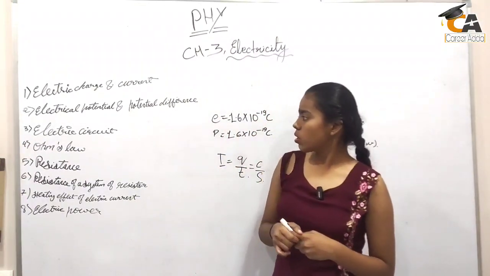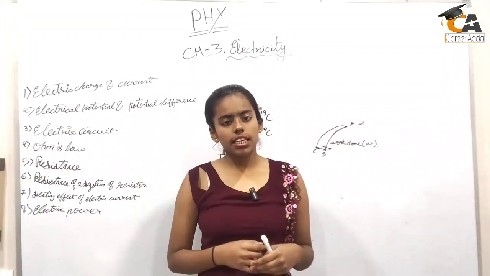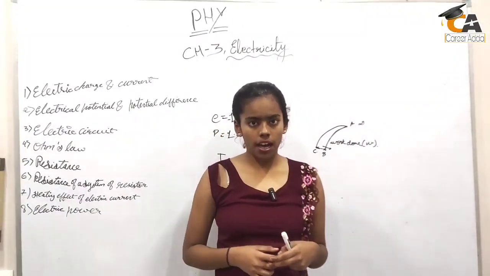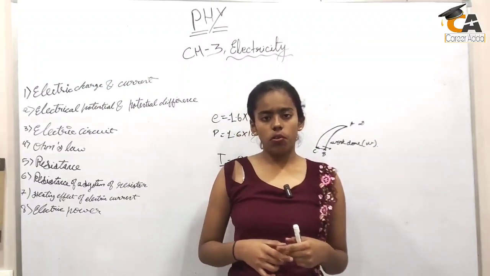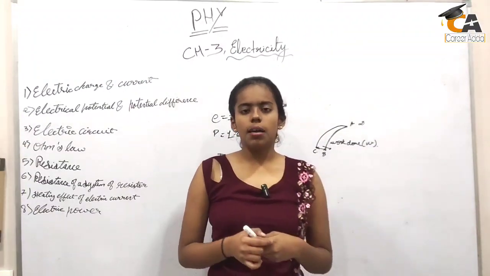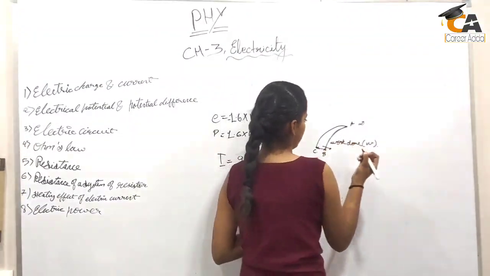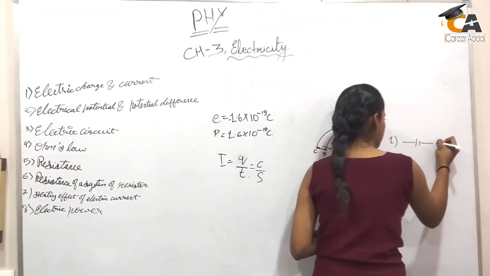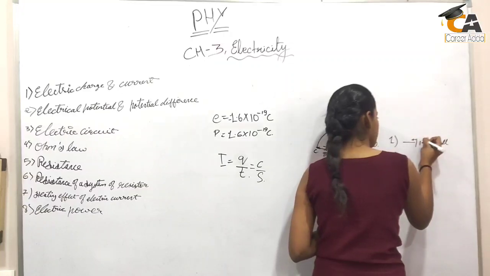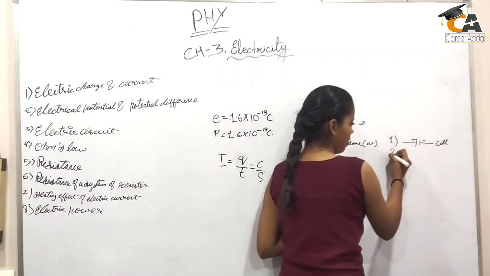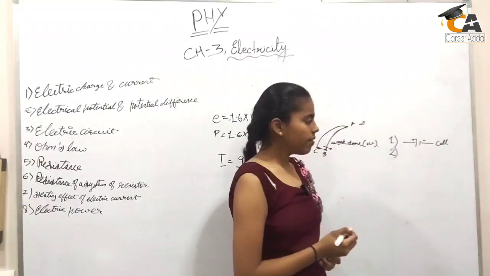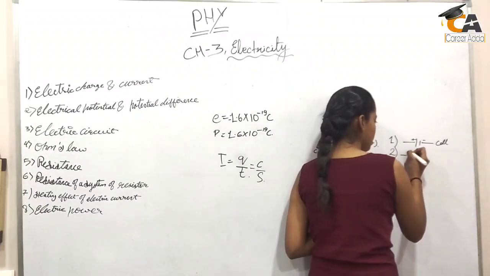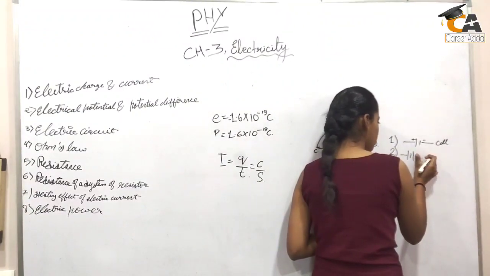So my next topic is electric circuit. Electric circuit is a closed and continuous path in which the current can flow. It has many components. This is a cell which has two terminals, positive and negative, and many cells together constitute a battery.